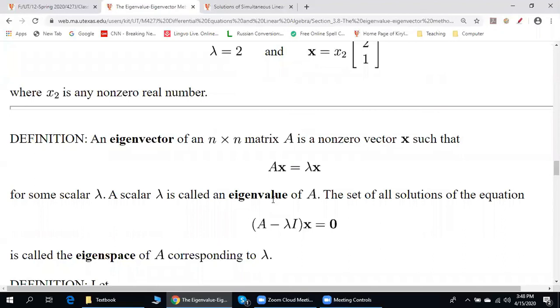Lastly, and this is kind of confusing, the eigenspace of A is not a collection of eigenvectors only. The eigenspace is the set of all eigenvectors plus the zero vector. The eigenspace is the set of just all solutions of this equation, which is the same as this.